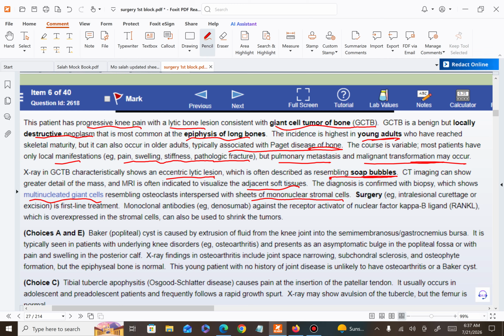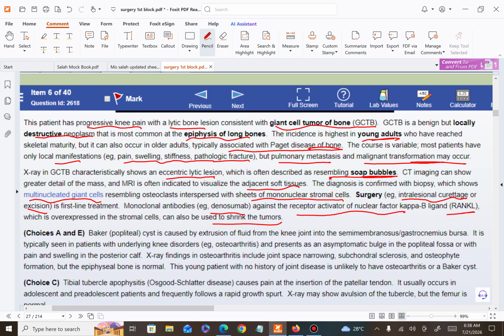Surgery is the first line treatment, and it includes intralesional curettage or excision. Monoclonal antibodies like denosumab against receptor activator of nuclear factor kappa B ligand, RANKL, which is overexpressed in the stromal cells, can also be used to shrink the tumor.